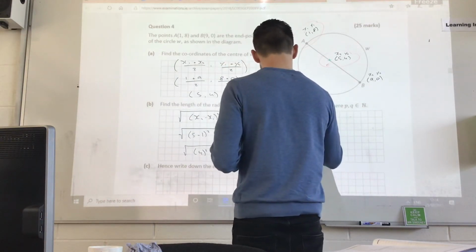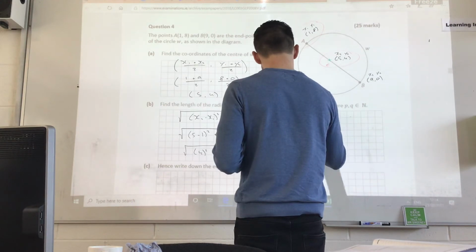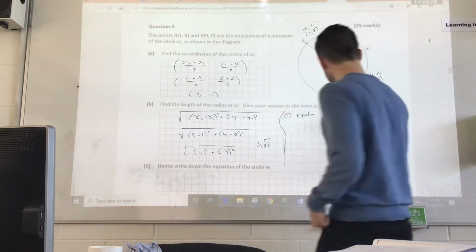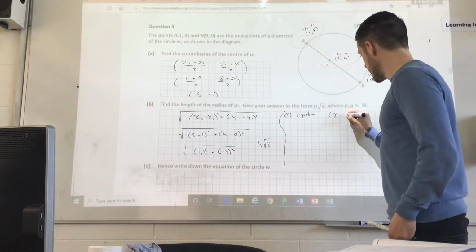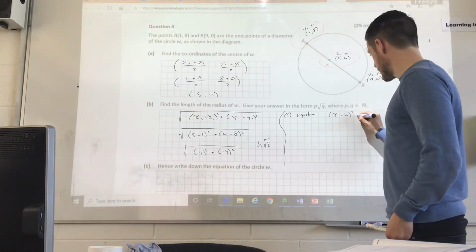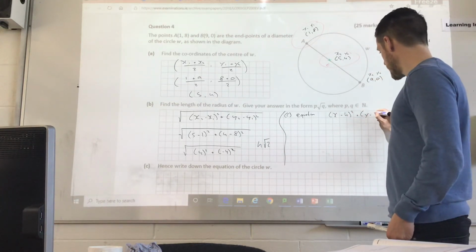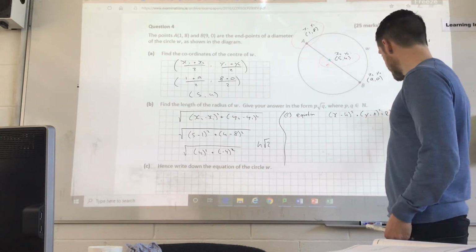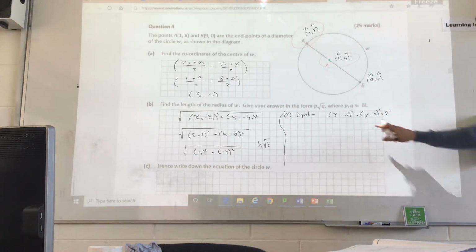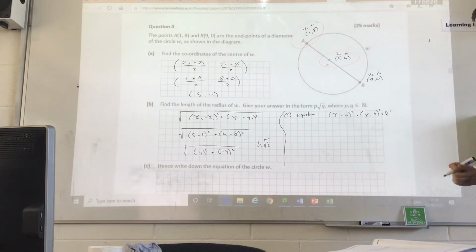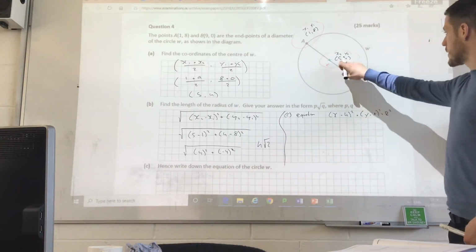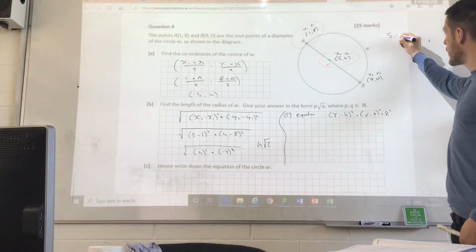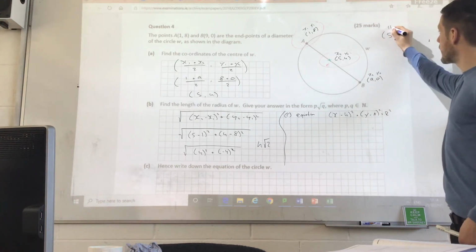So for the equation, part C, the formula is x minus h squared plus y minus k squared is equal to r squared. h and k are our centre. If you look up here, our centre point is 5 and 4. So I'm going to call that h and k.